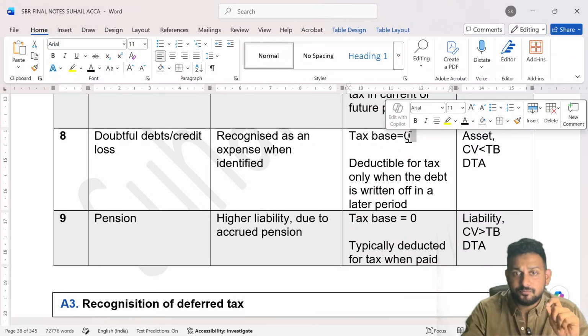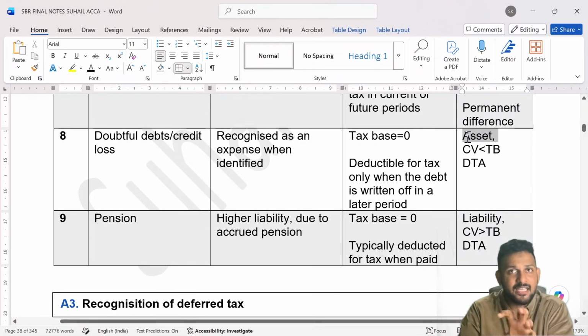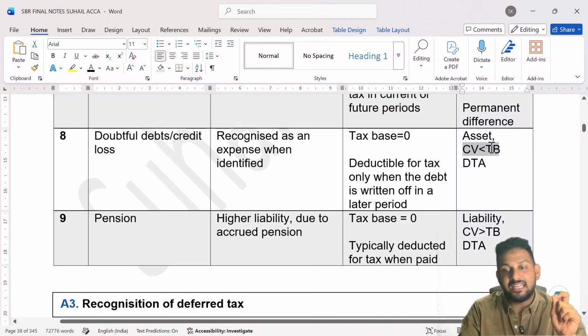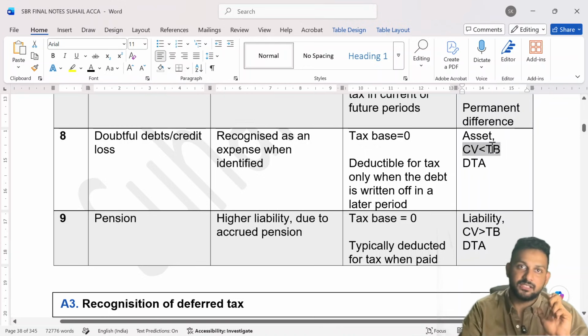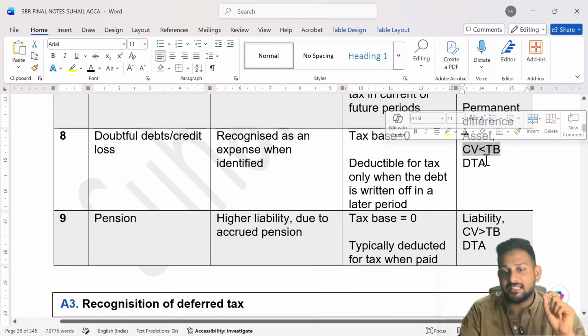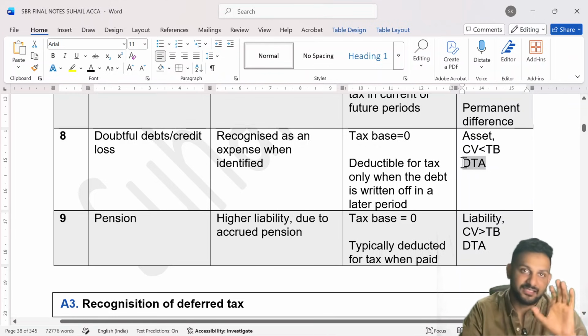So when we take the carrying value, here we have to consider the carrying value of the asset, because we are charging the credit loss on the receivable, a financial asset, right? So the asset's carrying value will be less than the tax base because we are charging the expense. In that case, there will be a deductible temporary difference, so there will be a deferred tax asset.